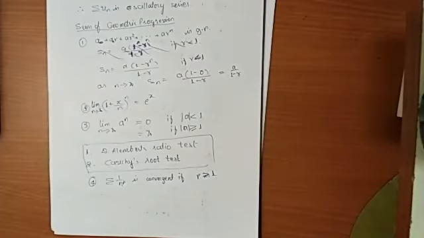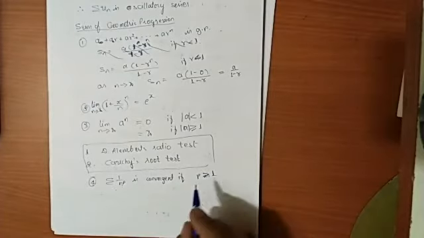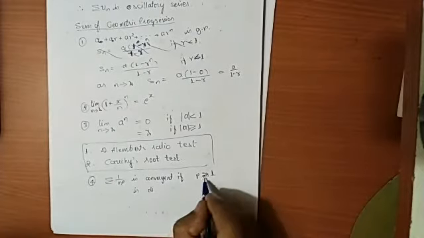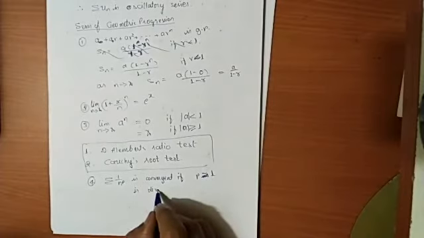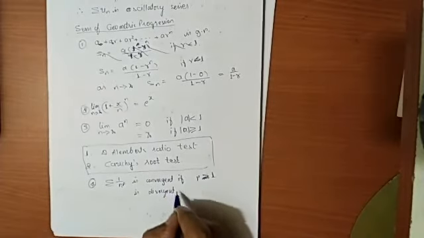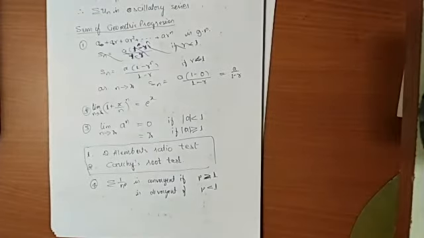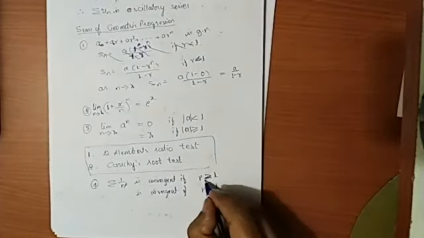That is called the p series, right? If p is less than or equal to 1, it is divergent. Here p is a positive integer.